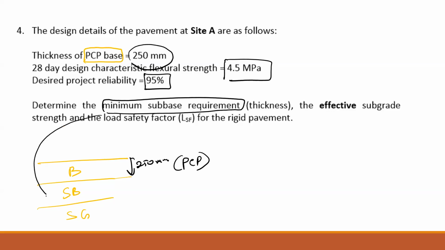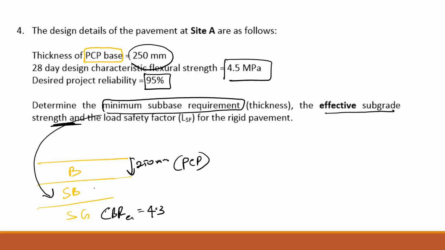So we need to find out the minimum sub-base requirement, the thickness of the sub-base, the minimum requirement, and the effective subgrade strength. For the effective subgrade strength, we have an equivalent CBR value of 4.3. Do you remember this 4.3 we calculated at the very beginning? Yes.